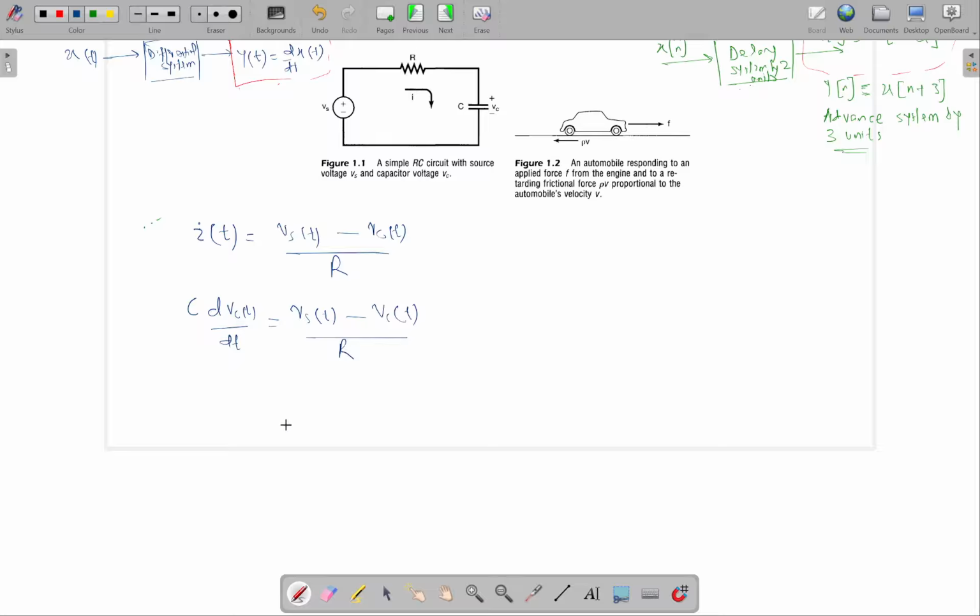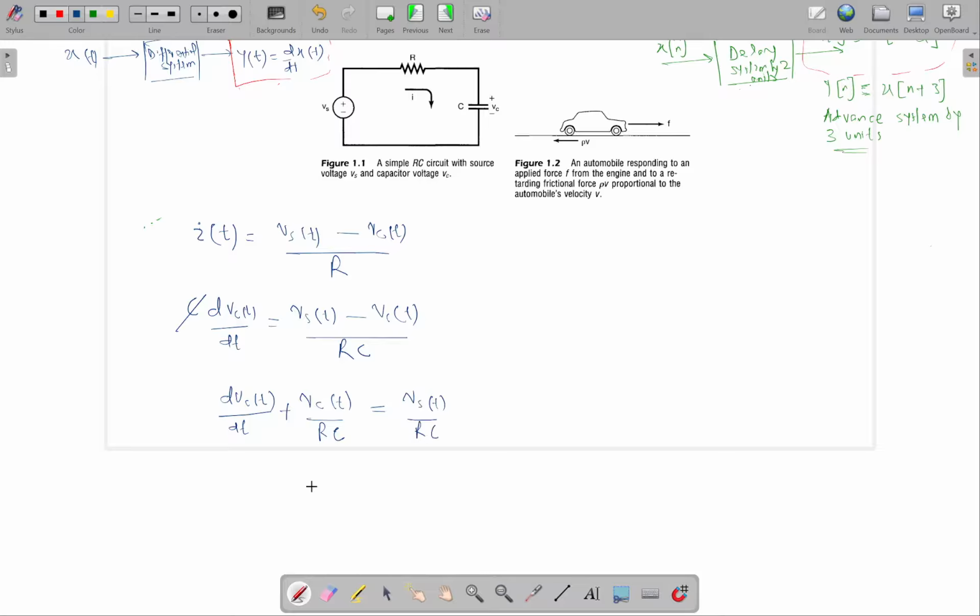And now if I rearrange a bit, I'm going to bring this C over here. So bring the C over here, and then if I rearrange it, the final expression which I'm going to get is something like this. So d V_C(t) over d t, and then also bring this particular term V_C(t) over RC on this side, and over here we are going to keep the source voltage over RC.